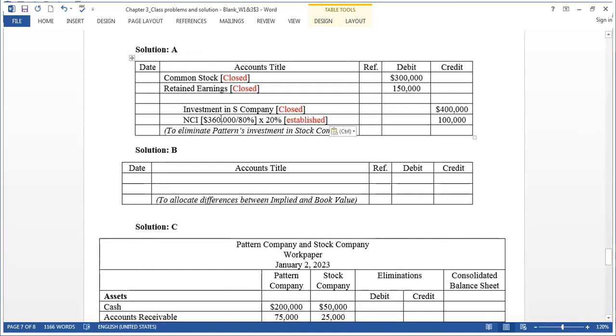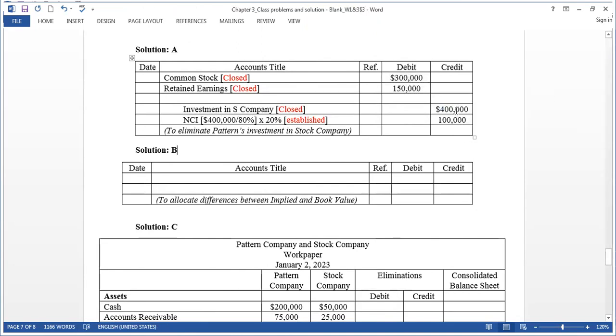Here our investment is how much? $400,000. This is the investment, right? At 80%, if you divide by 80%, it becomes 100%, times 20% NCI. It is $100,000.